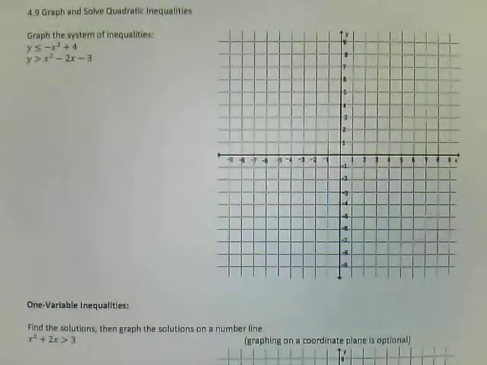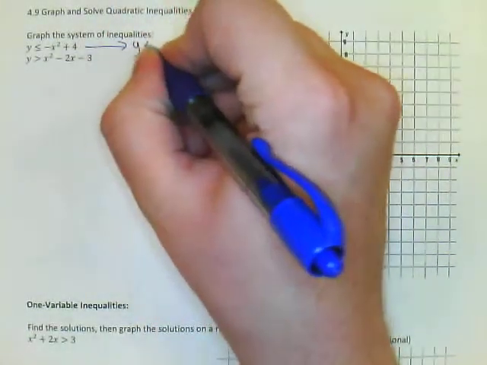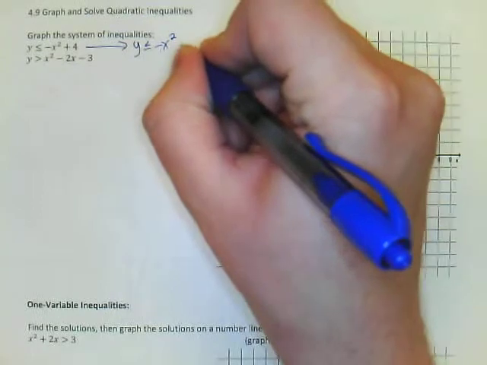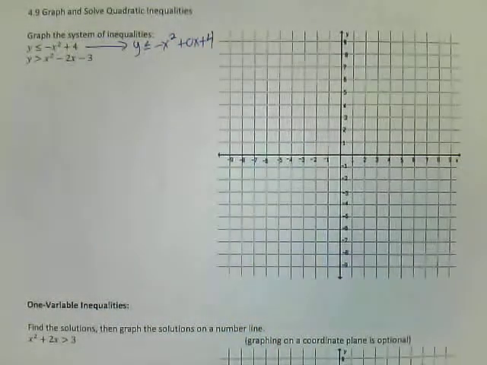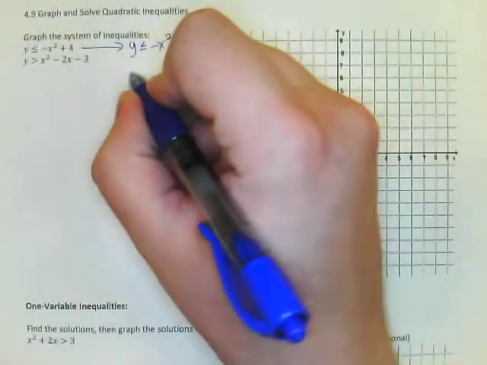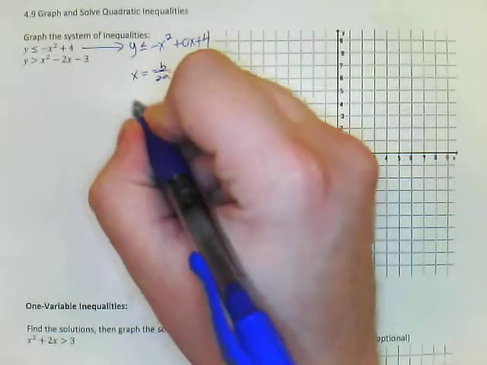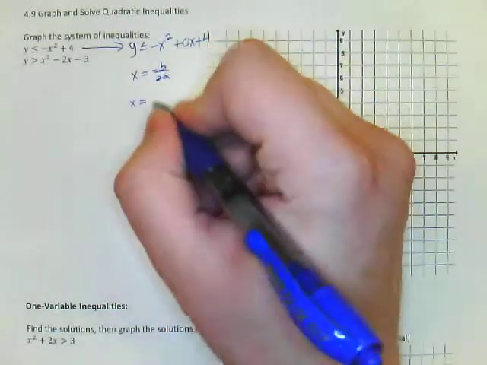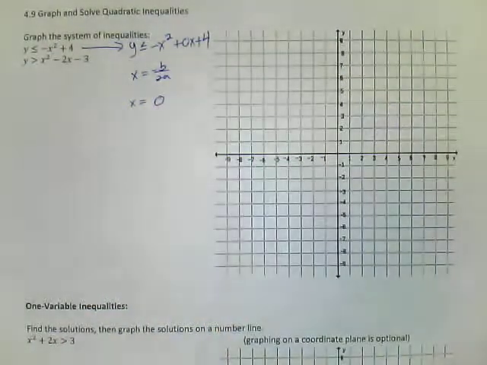So let's start by trying to get the axis of symmetry. Now, it might help to think of this as y is less than negative x squared plus 0x plus 4. That tells you that b is 0. So if we want to find the axis of symmetry, we're going to do negative b over 2a, which is going to be 0.